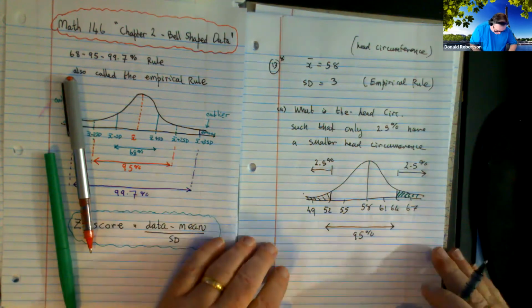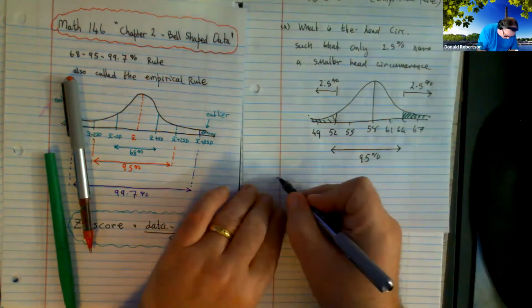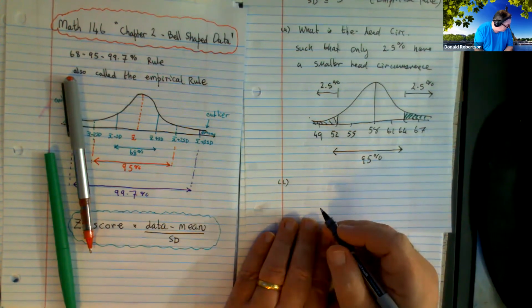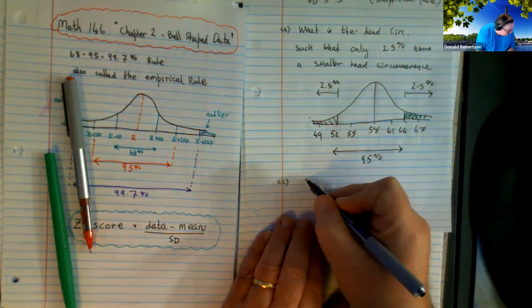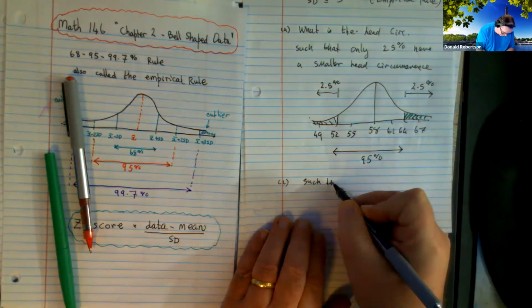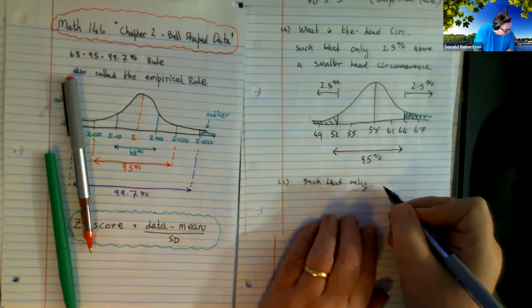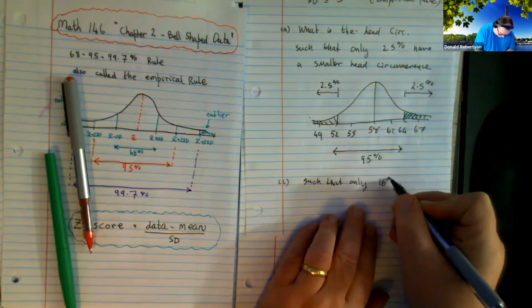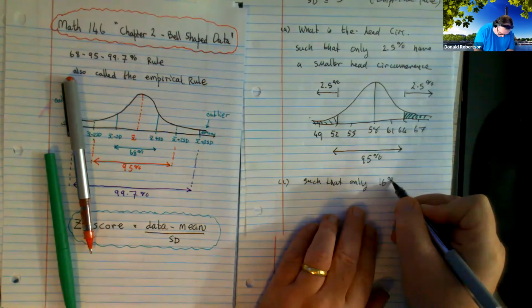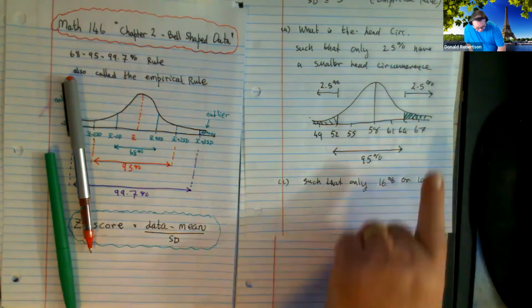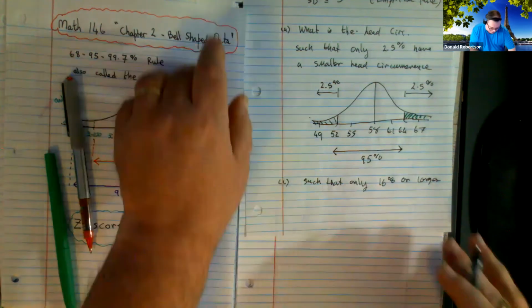Now, how about question C then? And this time it's head circumference such that only 16%, so it's not 2.5%, but they want 16%.